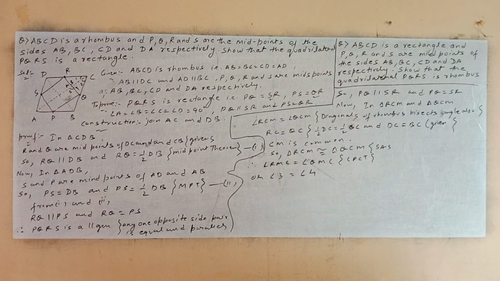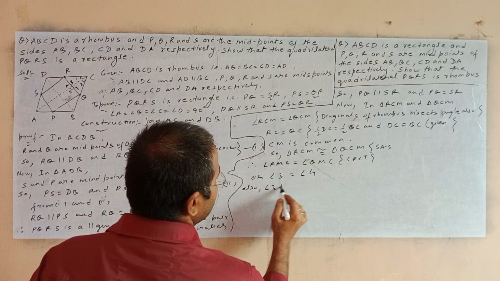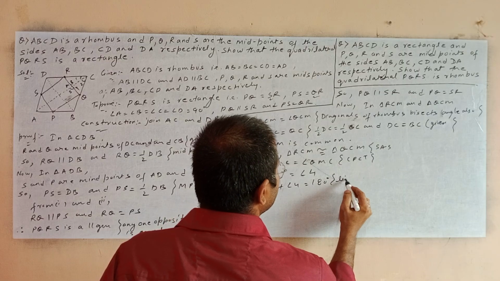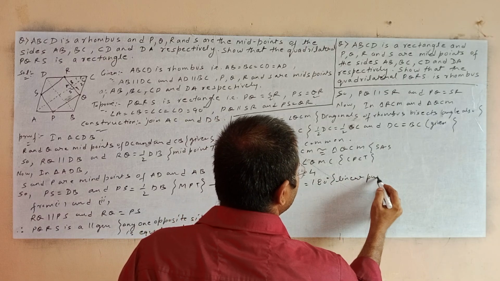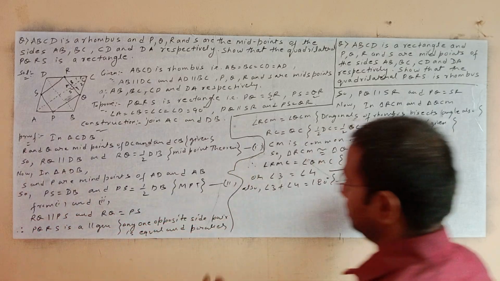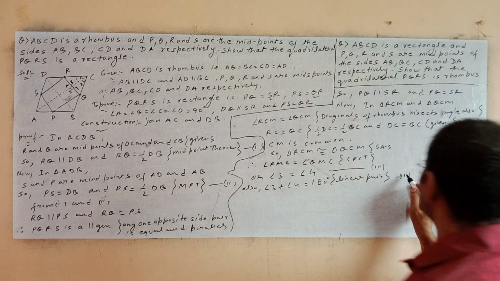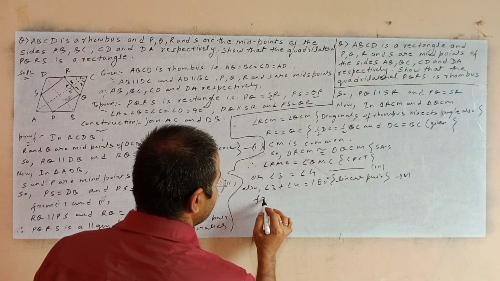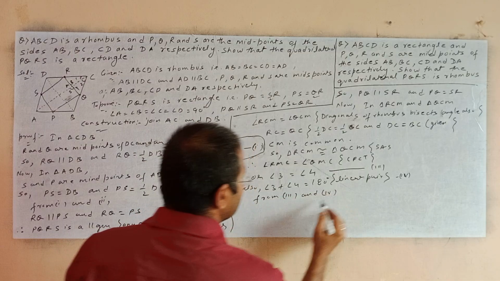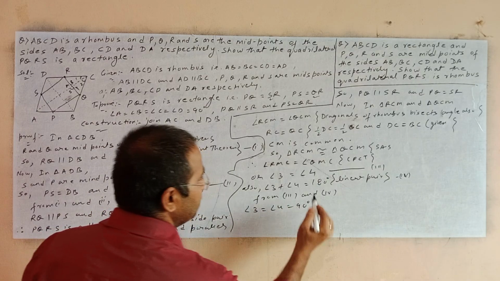Also angle 3 plus angle 4 is equal to 180 degrees by linear pair. So take it as third and fourth. From third and fourth, angle 3 is equal to angle 4 is equal to 90 degrees will be.